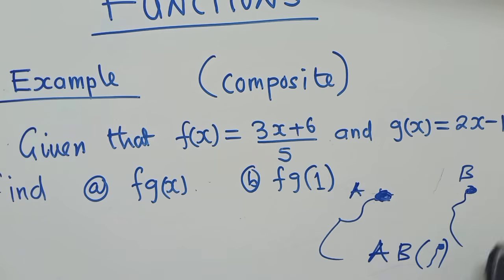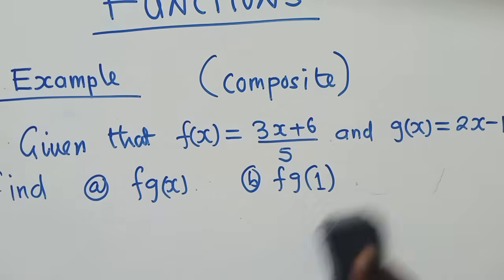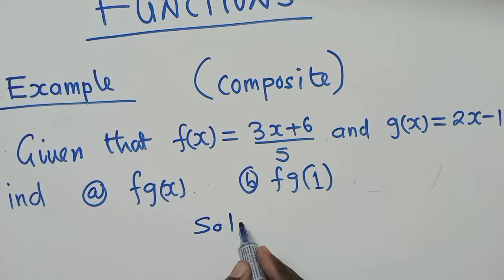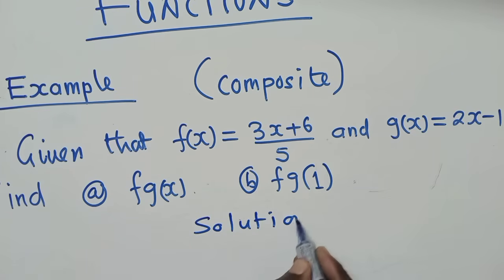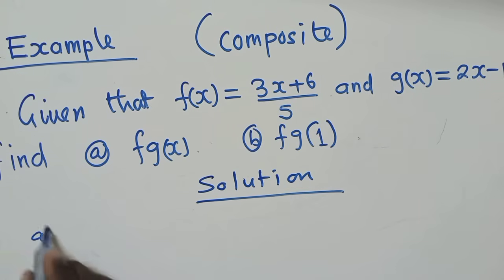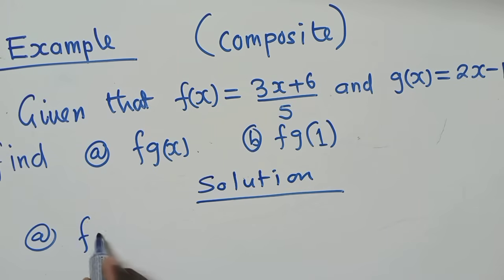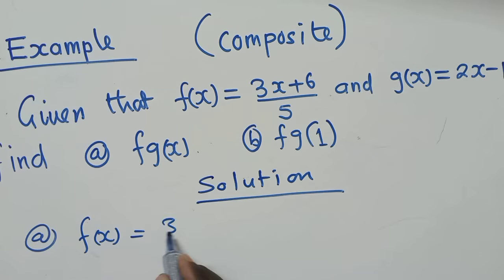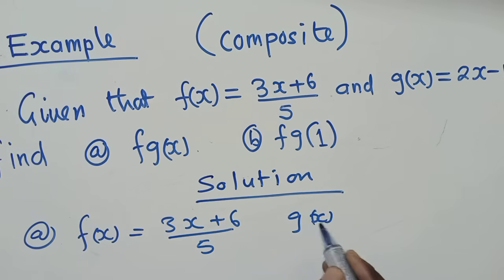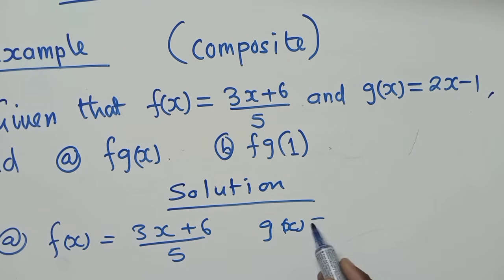So the same idea, this concept is what we need to use in order for us to answer this. So we say solution. We have a function, this is actually A. We have the function f of x is equal to 3x plus 6 over 5, and g of x right here is equal to 2x minus 1.